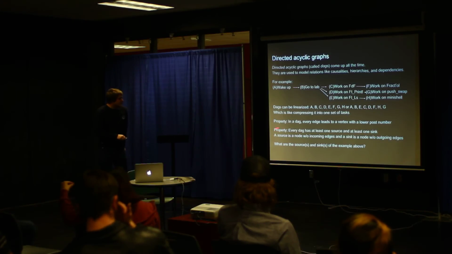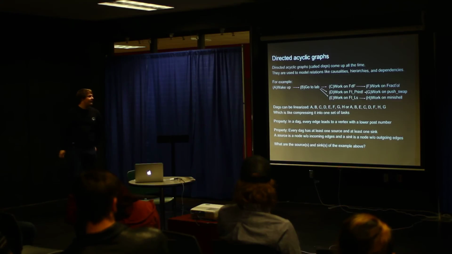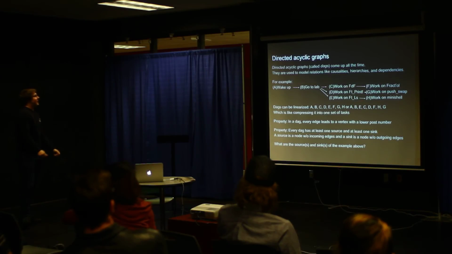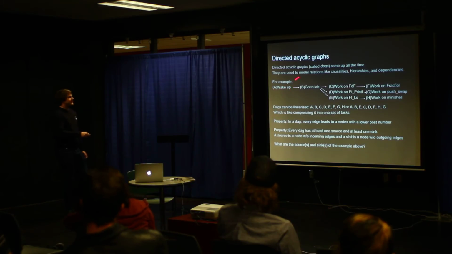So a couple properties of these DAGs. In a DAG, every edge leads to a vertex with a lower post number. So we're going to start bringing back the idea of pre and post numbers. When you go to the lab, you start working on FDF, then you go work on fractal.